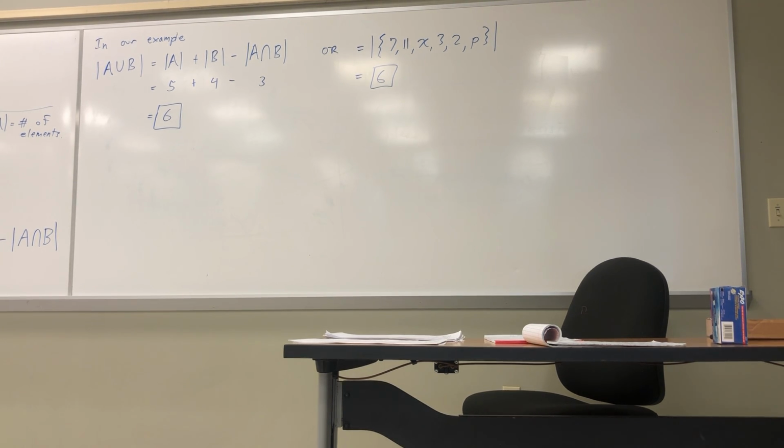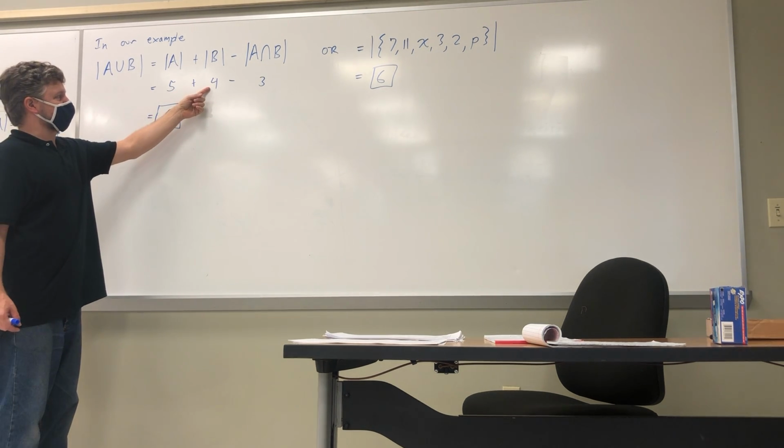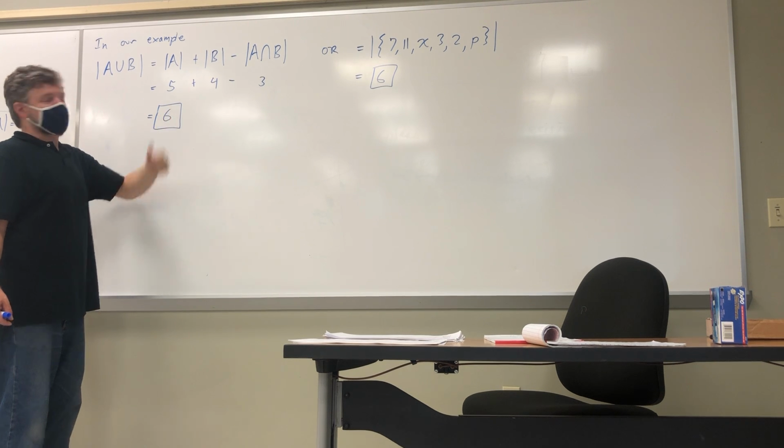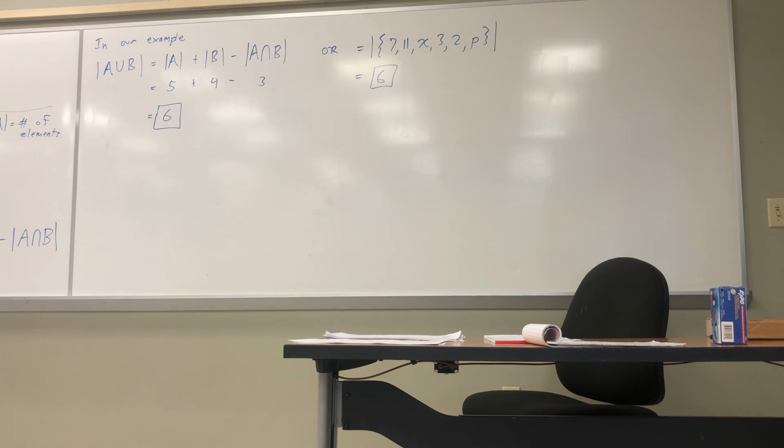So to make sure that I didn't count it twice, I just have to subtract it once. So x3, 2, I subtract the 3. 3 got double counted in there. There's secretly a 3 in here and a 3 in here. So if I get rid of one of them, then I'll have the right number of items. So that's why that works. Subtracting the intersection just means subtracting the things you counted double.